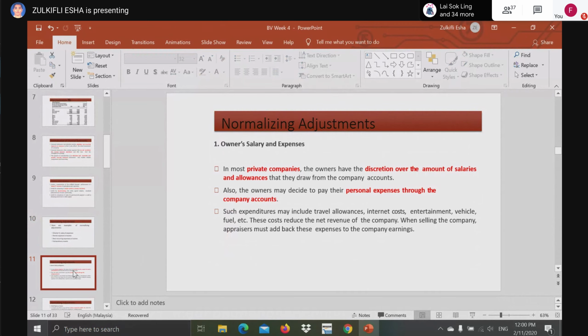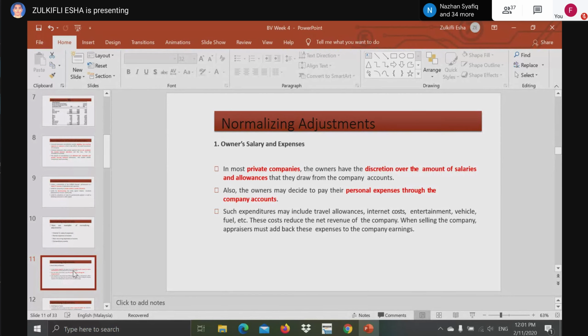So these are detailed examples of normalizing adjustment that you may need to do with regards to your business valuation. For owner's salary and expenses, in most private companies, the owners have the discretion over the amount of salaries and allowances that they may draw from the company's account.